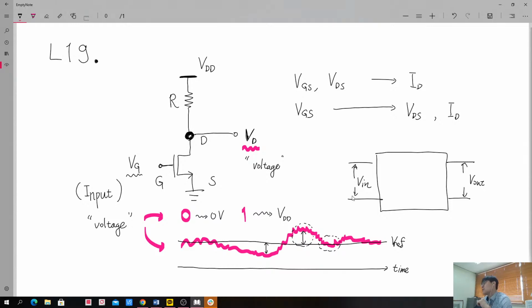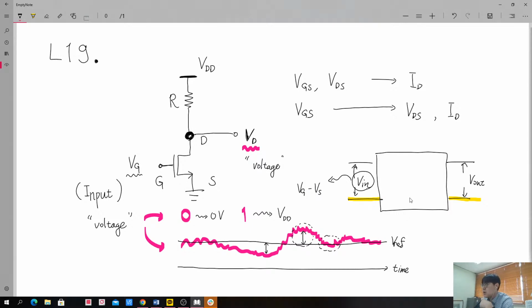Think about this one. Of course, this lower line here is used for our reference value. For example, in the case of a digital system, we just say that this V in is the difference between our gate voltage and source voltage.